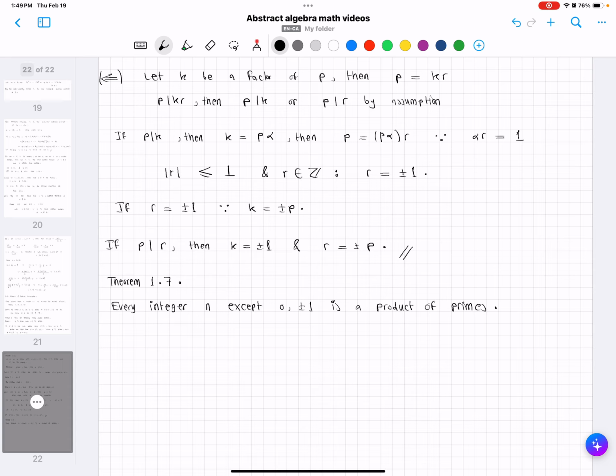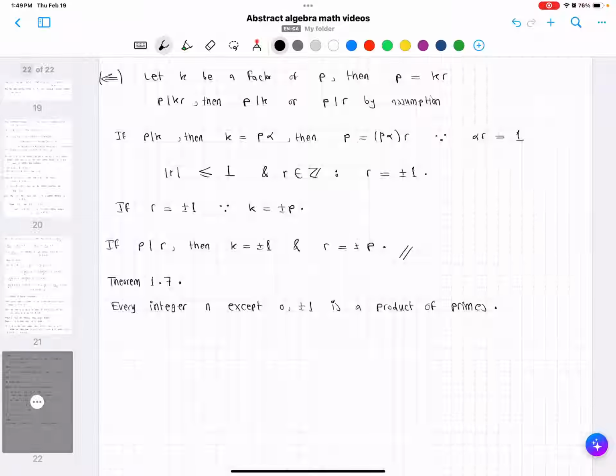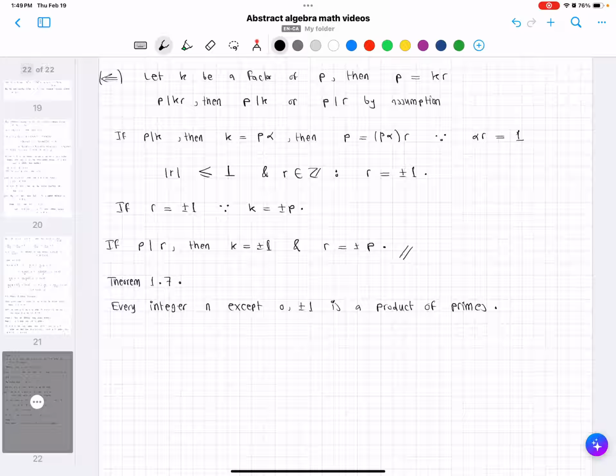Since they are not 1 and itself, you can keep breaking those numbers apart, and you end up with products of primes. The reason this process doesn't go on forever is the well-ordering axiom. The main core reason comes from the fact that all the integers are just increments and decrements of 1. So let me end the video here and we'll start discussing more next time.